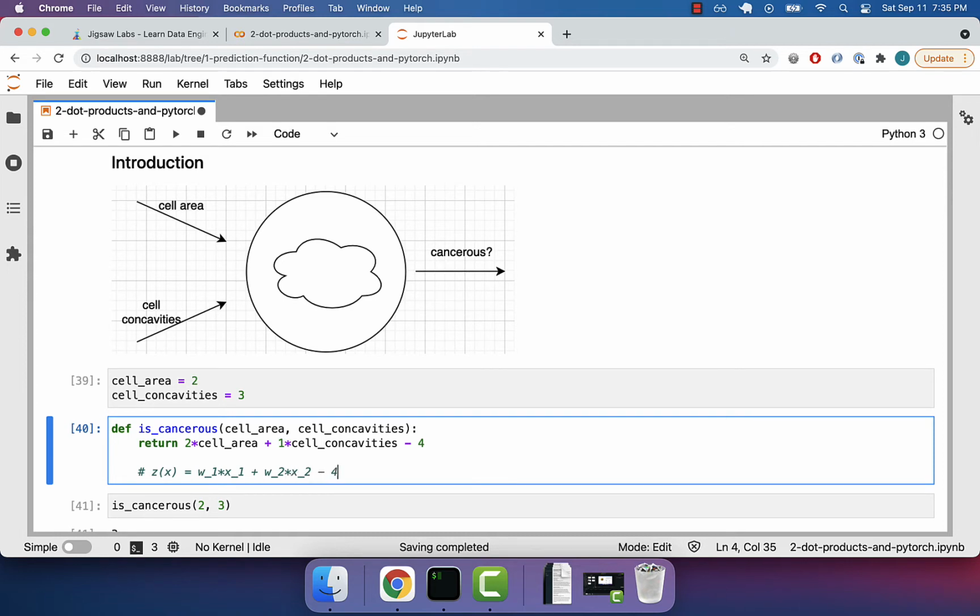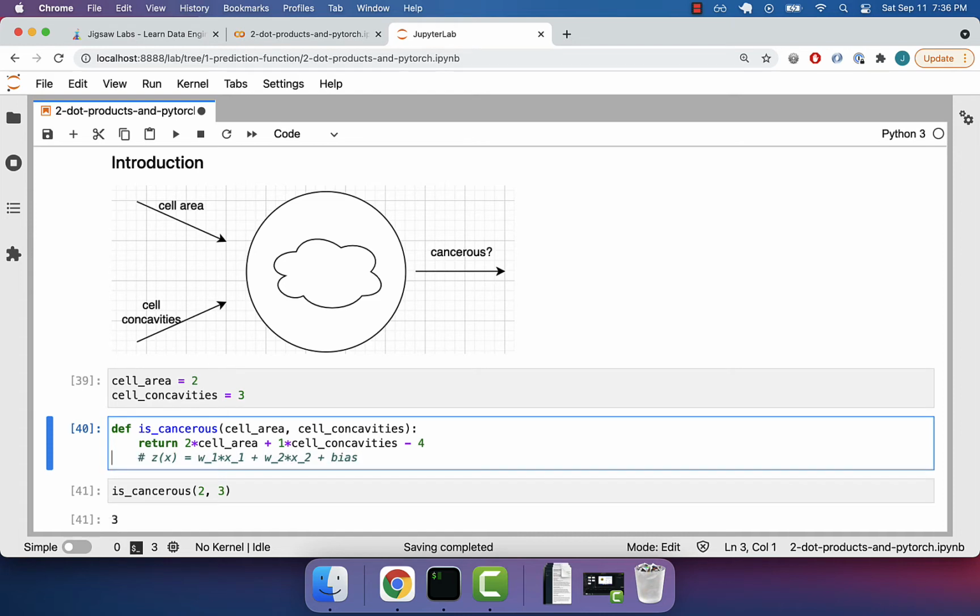And then we have that counterbalance of the bias. Let's actually write the word bias: plus bias, where above bias is negative 4. I'll just reproduce this below.